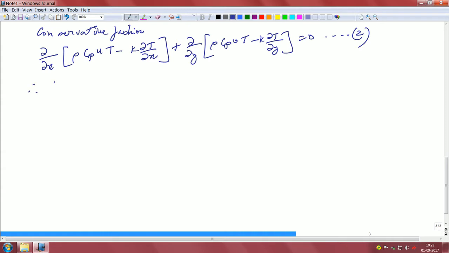Therefore, let us define dH/dy, this is not enthalpy, this is the heat function, remember that always.